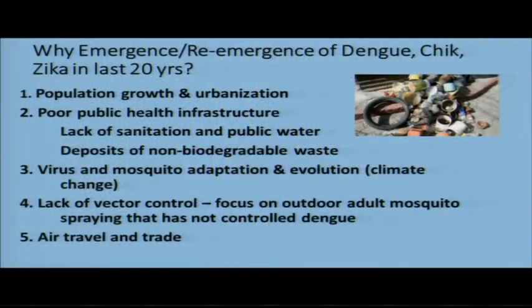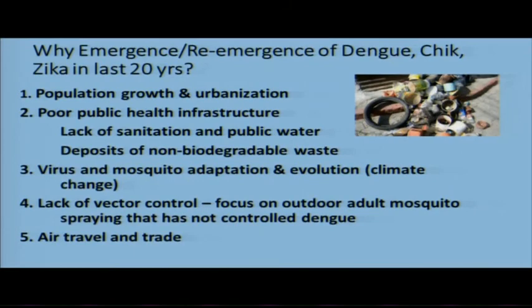And you see in the picture here what these cities look like now, because in the last 20 years, we have plastics that are non-biodegradable. So waste areas fill up with plastics and containers that fill up with even small amounts of water, which are great breeding grounds, along with used old tires for water and for mosquito larvae.